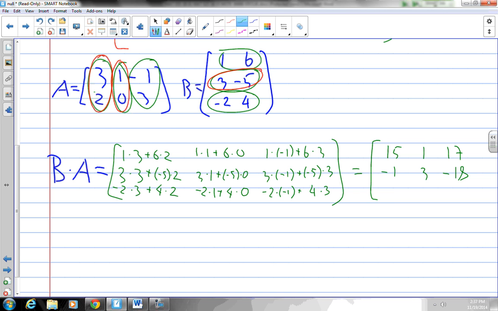So what does that give me? Negative 6 plus 8 is 2, negative 2, 2 and 12, 14. 2, negative 2, 14.